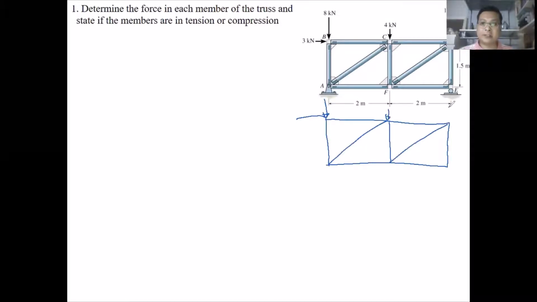And so here, this one we call FBD. Then just give all the force numbers here.